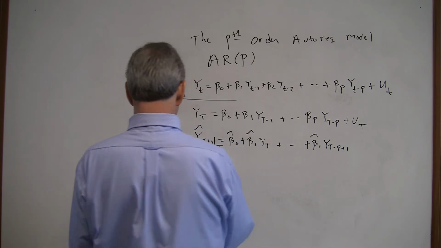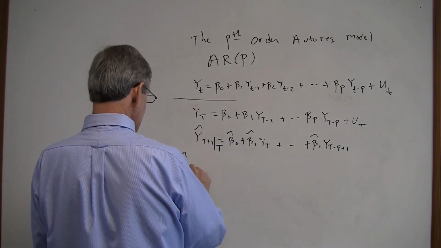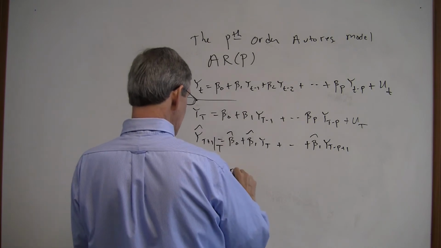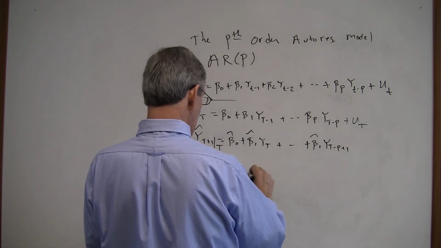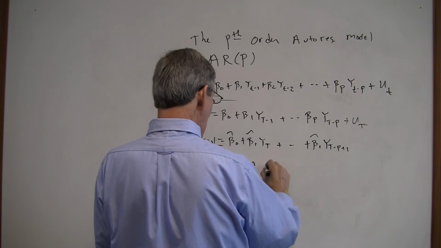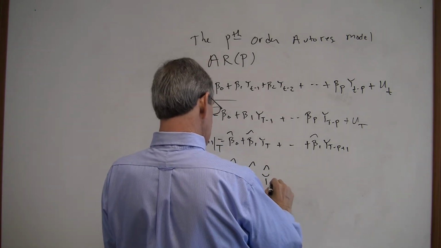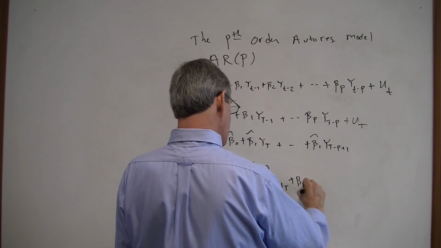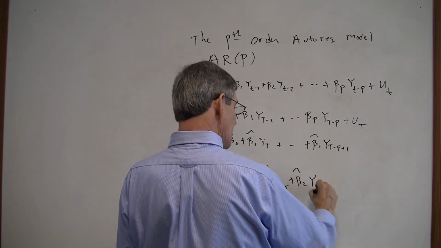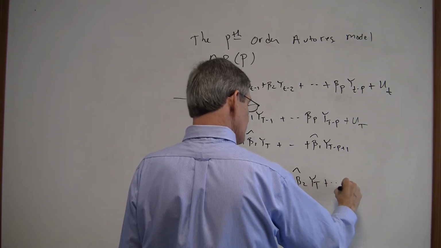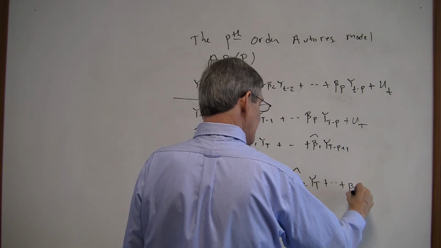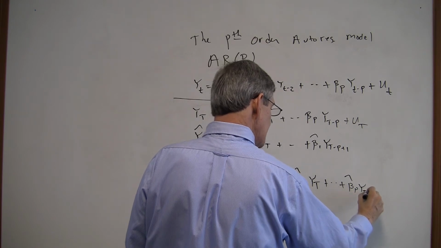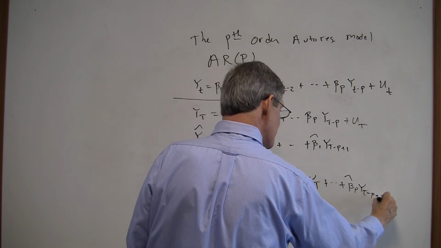Then you could do y hat t plus 2 given t. That's going to be beta naught hat plus beta 1 hat y hat t plus 1 given t plus beta 2 hat yt, where I don't need an estimate because I know what it is, out to beta p hat y t minus p plus 2.